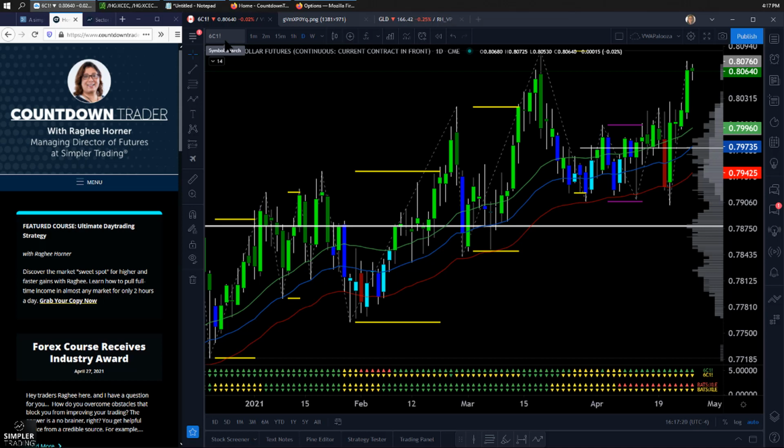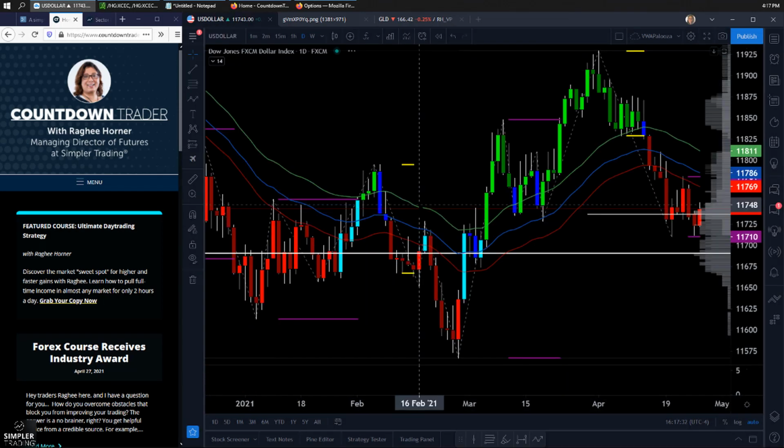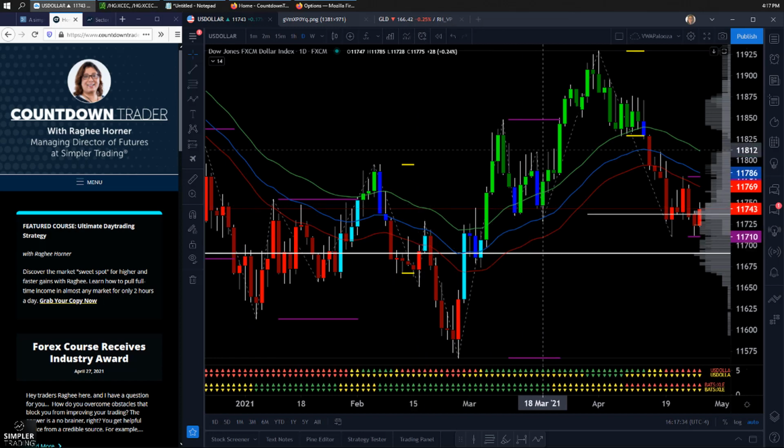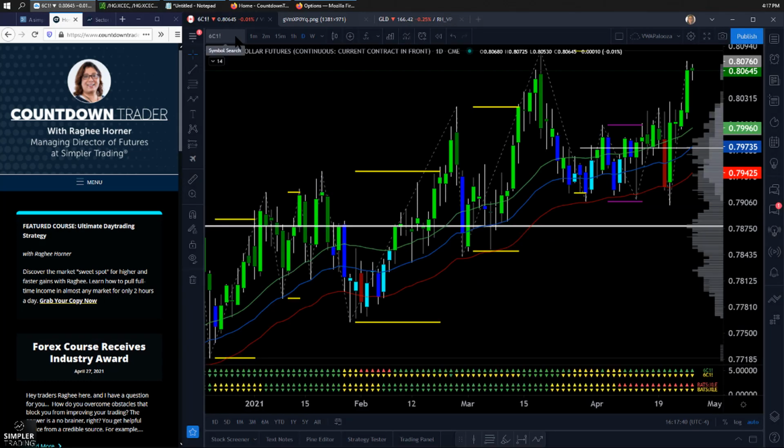Okay, having said that, in the futures room, we've been talking about getting long Canadian dollar. Even when the US dollar was very, very strong for a brief moment in time, what I was reminding everybody is, while the dollar is moving higher, find a currency that is able to outpace the dollar's strength. Enter one of the best currencies with the strength in lumber and crude, the Canadian dollar.